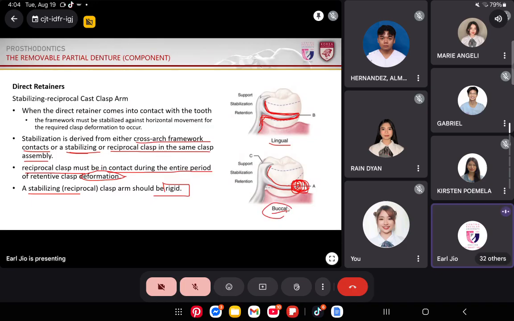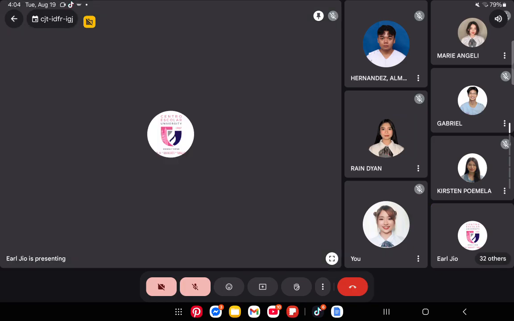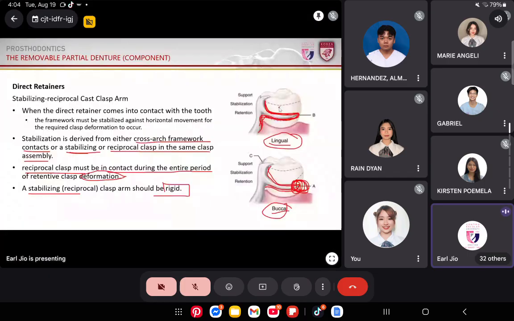Now, on the buccal surface of our abutment lies the retentive clasp arm, while on the lingual, the reciprocal arm stabilizes our abutment teeth during deformation, or during the activation of the retentive clasp arm tip.